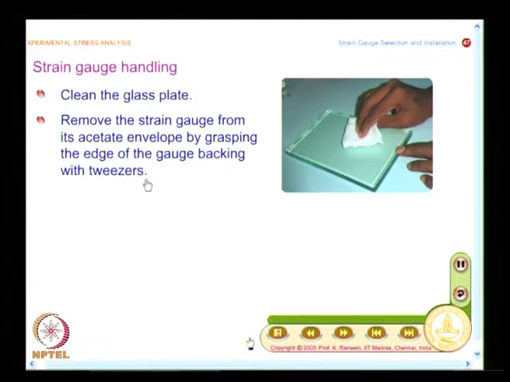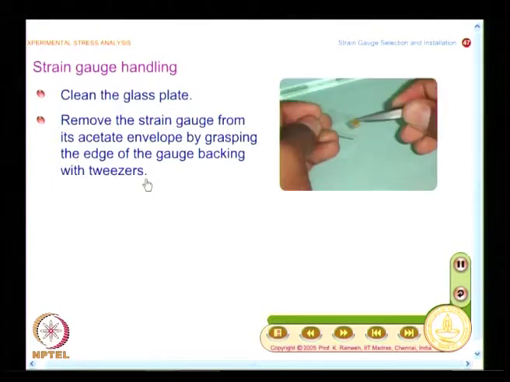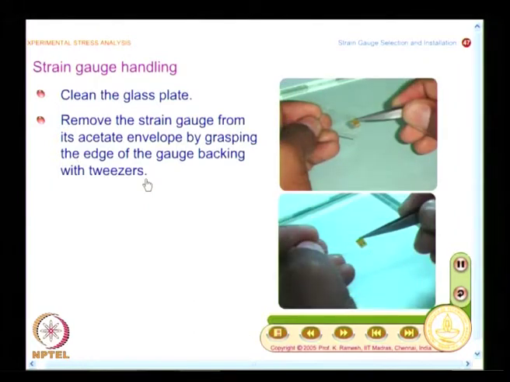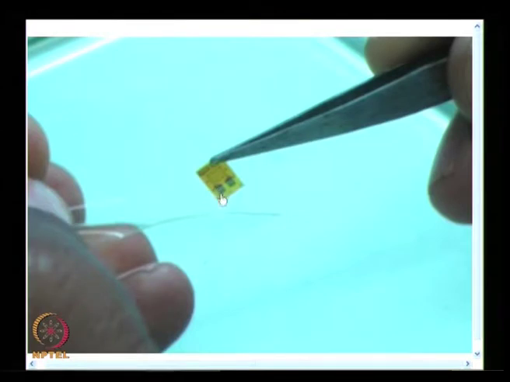You do not handle it with bare hands, you take it out with tweezers, that is what is mentioned here. We will have a closer look at it, and you can see the grid pattern here, and this is holding only a corner of it.